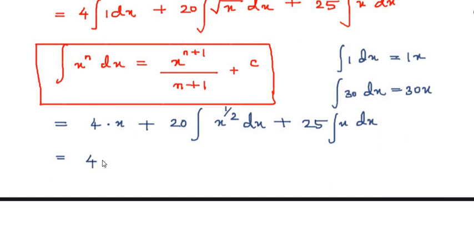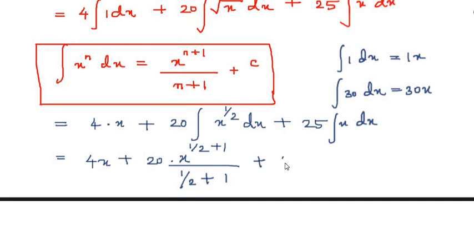This is 4x plus 20 times. Using this formula, we can see that the power of x is increased by 1. So we can write it as x to the power of half plus 1 over half plus 1. The new power is written in the denominator.